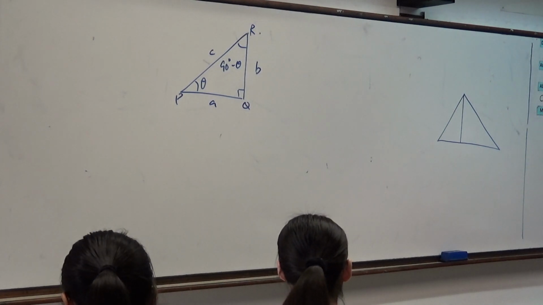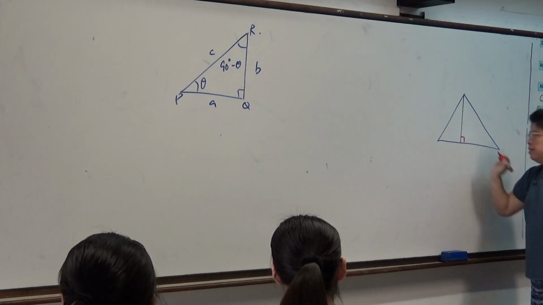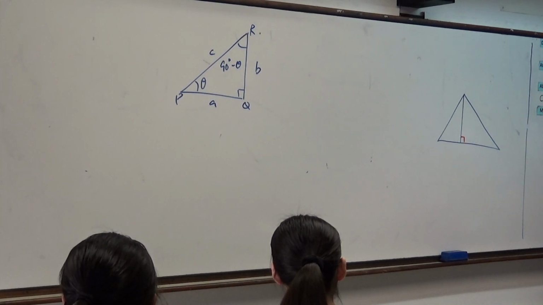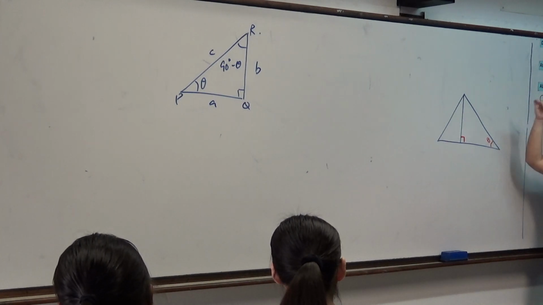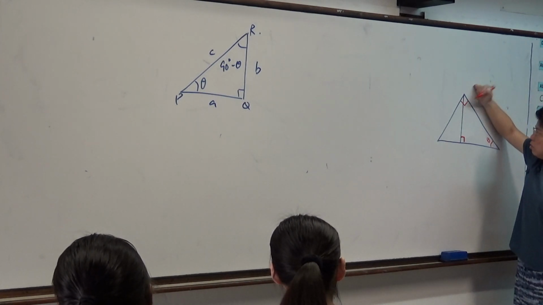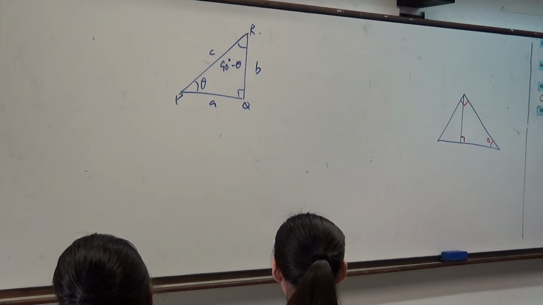Because this one came up in O level last year, students cannot see that here. Now, this is 90. Everybody okay? This is theta. This whole thing is also 90. This is what they gave. Actually, it's on similar triangles, but I want you to know how to identify the angles first.